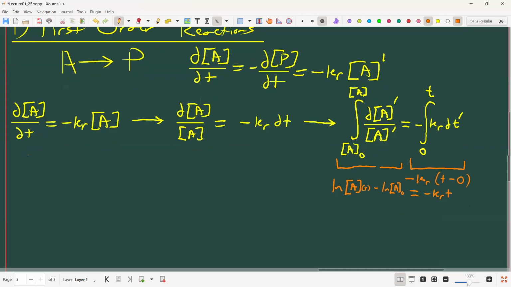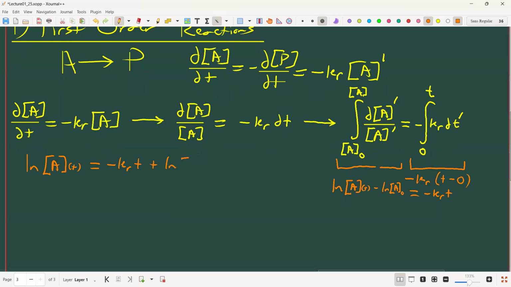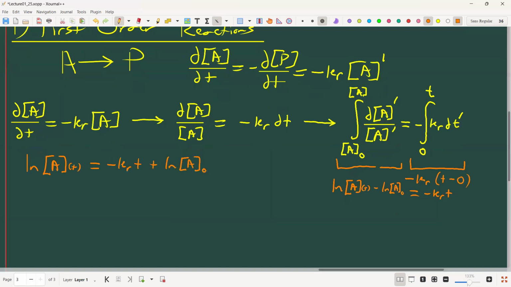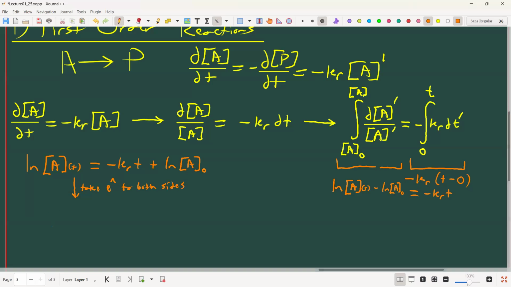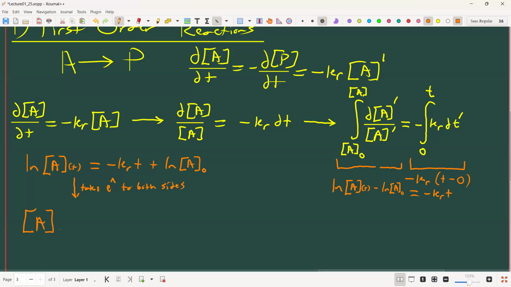So I can write that the log of the concentration of A at any time t is equal to minus kRt plus the log of the initial concentration. And now I just take the exponent of both sides. Take e to both sides. So on the left-hand side, we get e to the log, which just gives me the argument of the log, A of t.